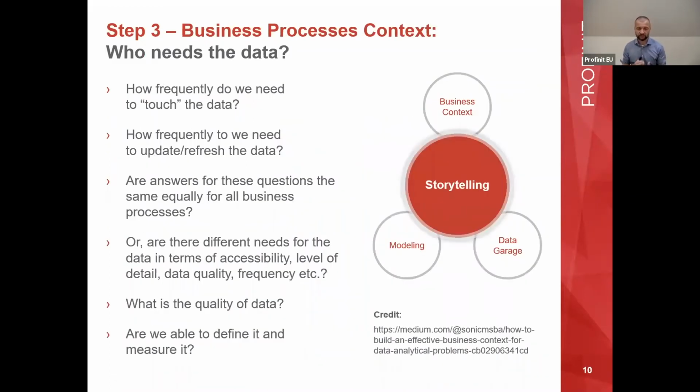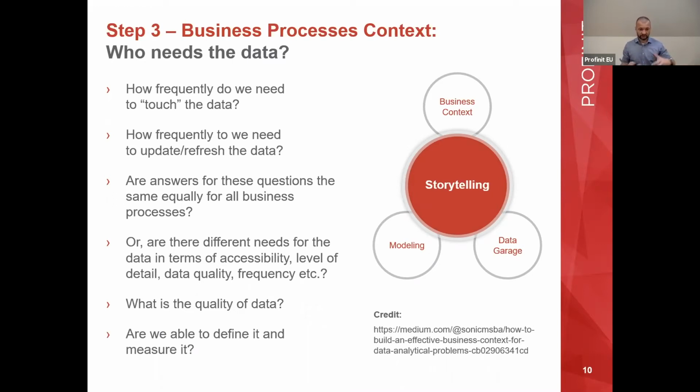The third dimension, very important and less easy, I would say, to collect, is the context of business processes. So how frequently do we need a specific set of data, not in general, but in the context of a specific business process? What are these business processes?